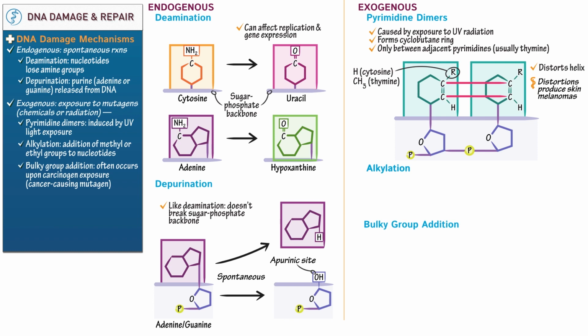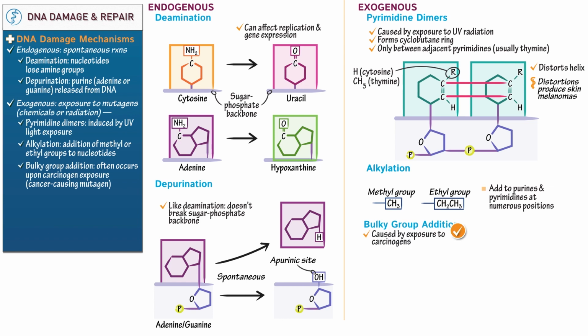Now for alkylation. Draw a methyl group, CH3, and an ethyl group, CH2CH3. Indicate that these groups can add to DNA bases, both purines and pyrimidines, at numerous positions. Finally, bulky group addition. Write that this mostly occurs upon exposure to carcinogens, which are mutagens that make cells cancerous.